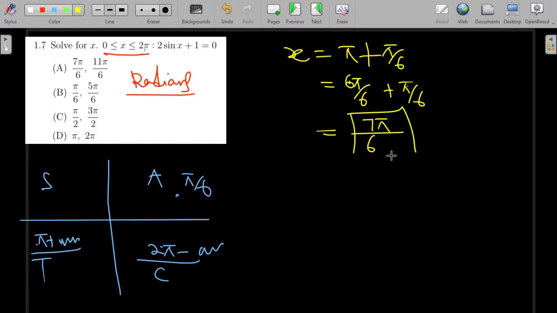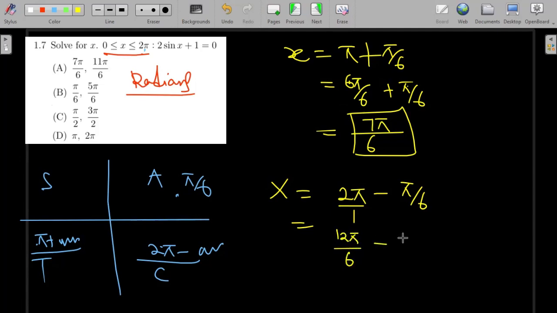Okay, so this will be my first answer. My other one will be 2 pi, because it's in the fourth quadrant now, minus pi over 6. Okay, so I can multiply the top by 6, that will be 12 pi over 6 minus pi over 6 is equal to, so the common denominator is 6, and then 12 pi minus pi, that would be 11 pi over 6. So this will be my second answer.